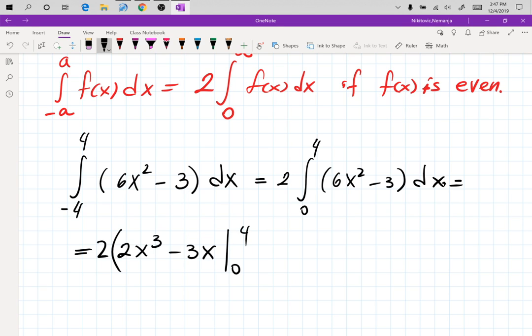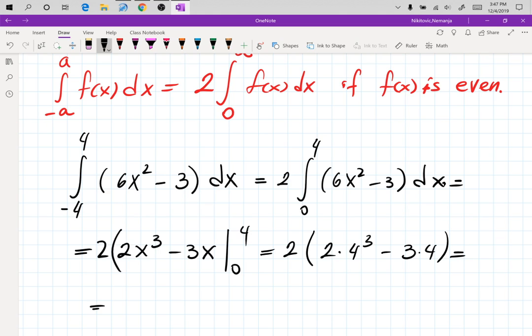So as you can see, I don't have to calculate at negative 4. That's the advantage. Calculating at 0 with polynomials will just go away. So I have 2 times 4 cubed minus 3 times 4 minus 0.